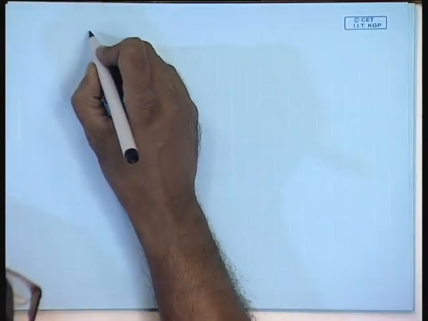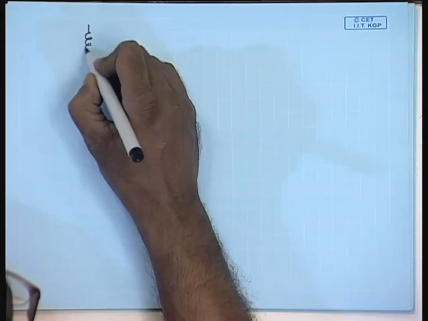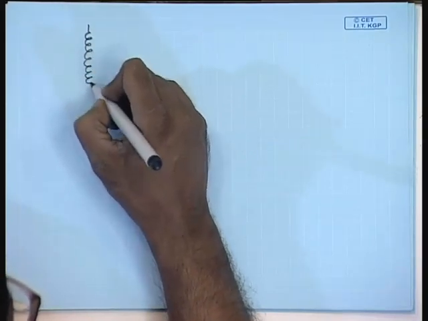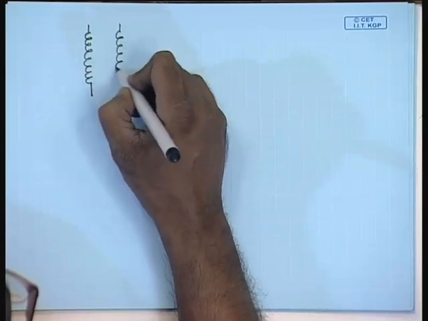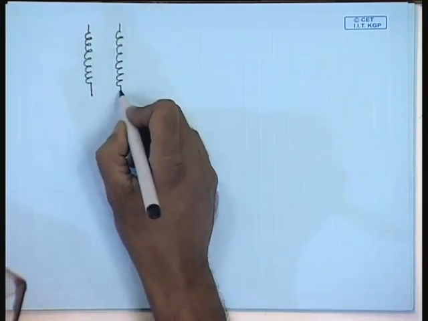For that, let us assume that we have a 3 phase transformer with star connection of 2 windings.